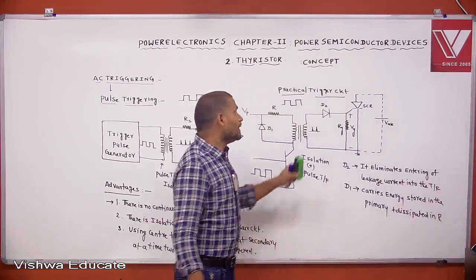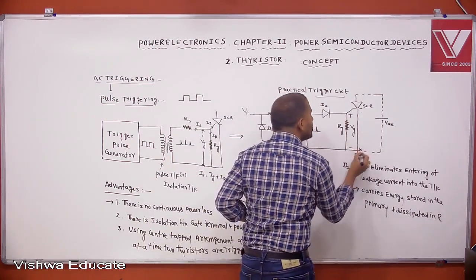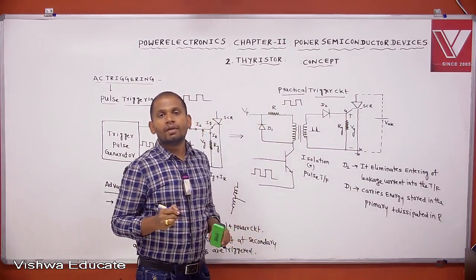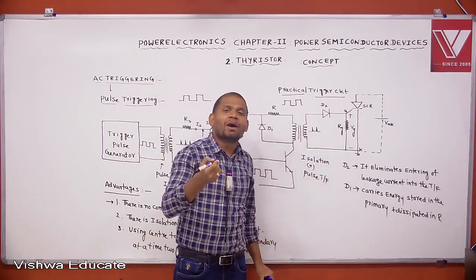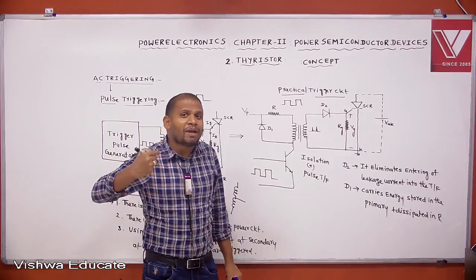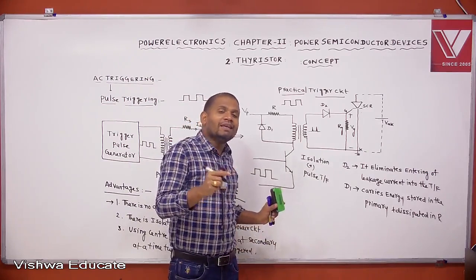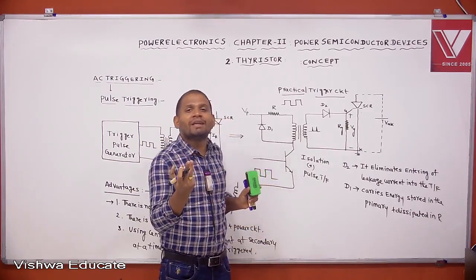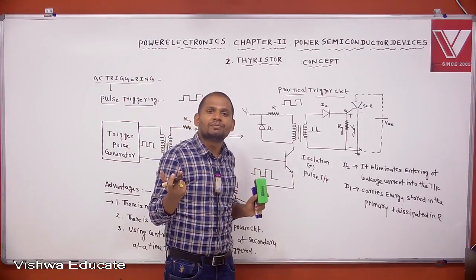Okay. Then what is the purpose of using the gate to cathode resistance? This is the cathode and this is the gate. The purpose of using the gate to cathode resistance is that it bypasses the leakage current. What is the advantage of bypassing the leakage current? If the leakage current in the SCR is bypassed, dV by dt capability is improved, thermal capability is improved.